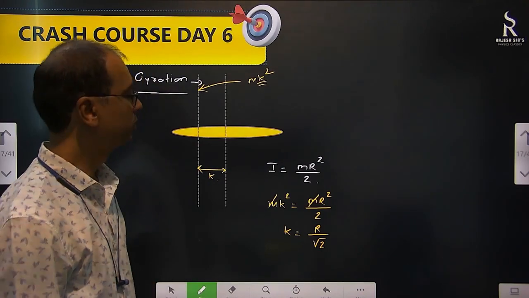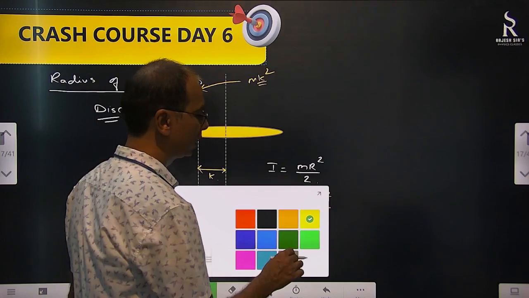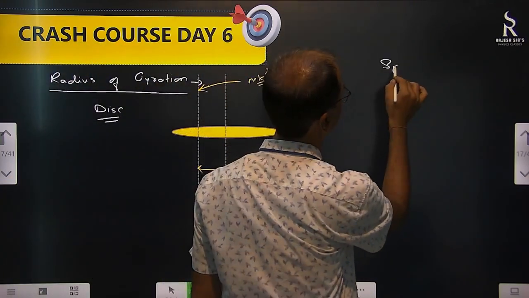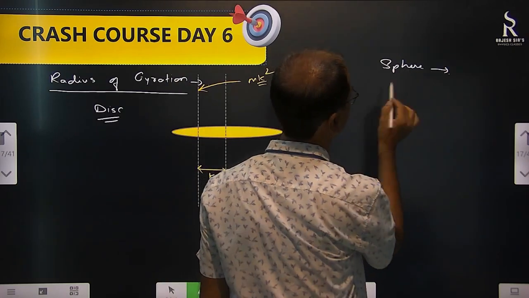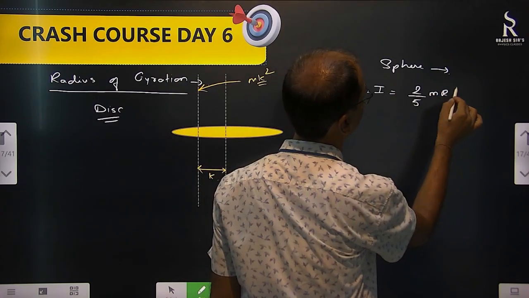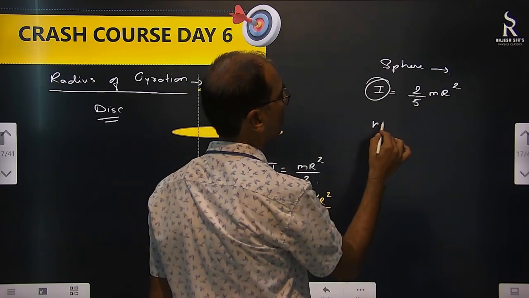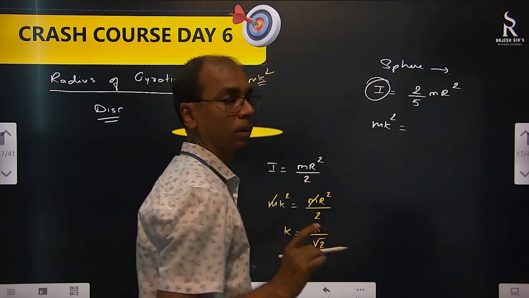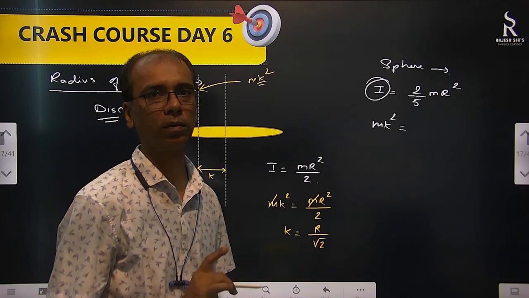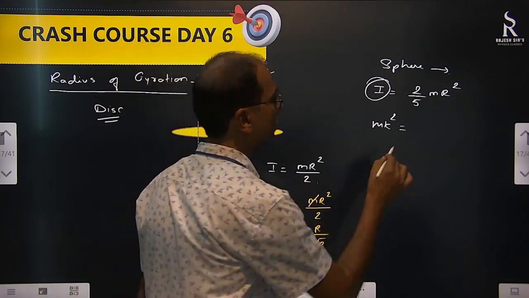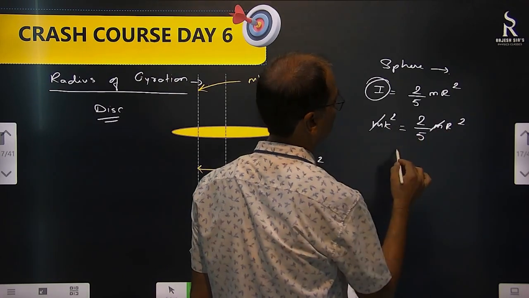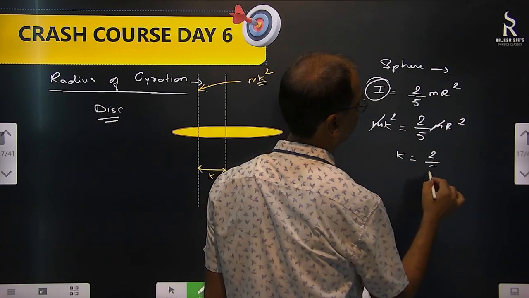Yes, we can. Suppose I am talking about a sphere, and we have to find the sphere's radius of gyration. A sphere's moment of inertia is 2 by 5 mr square. Whenever you are using radius of gyration, moment of inertia will be mk square, where k is radius of gyration. So this is also equal to 2 by 5 mr square. So k value is root 2 by 5 r.